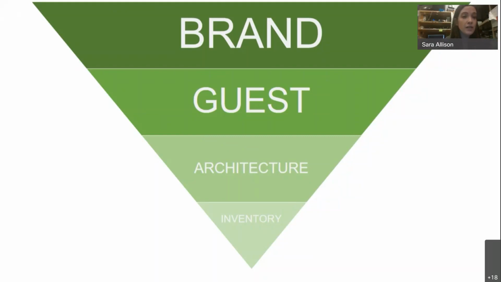And then we've got inventory. So this is our last filter that we consider because we don't want to start making decisions with inventory. I think about an example of, like, maybe you have about 500 pairs of red sweatpants in your stockroom for whatever reason. Some crazy thing happened and you have a ton. That doesn't mean that we just want to put red sweatpants everywhere all over the store, right?